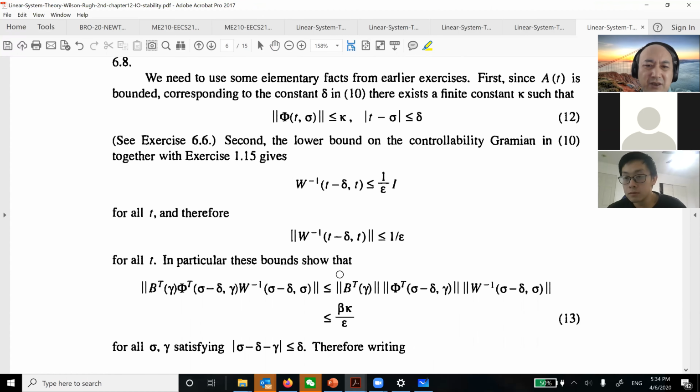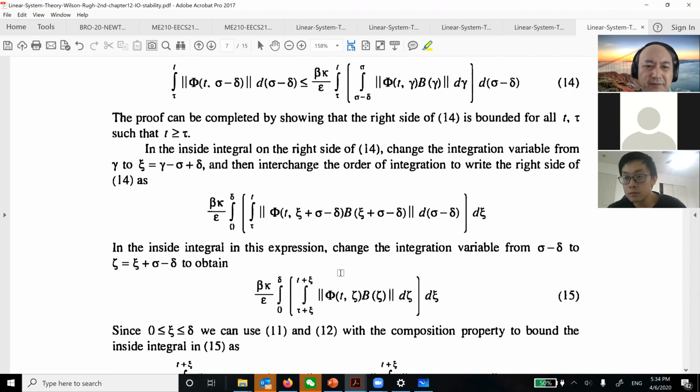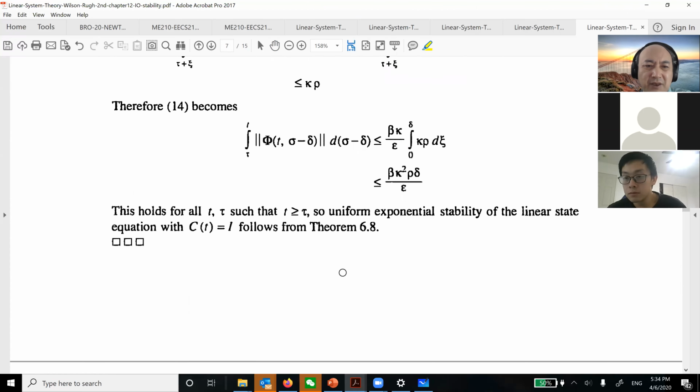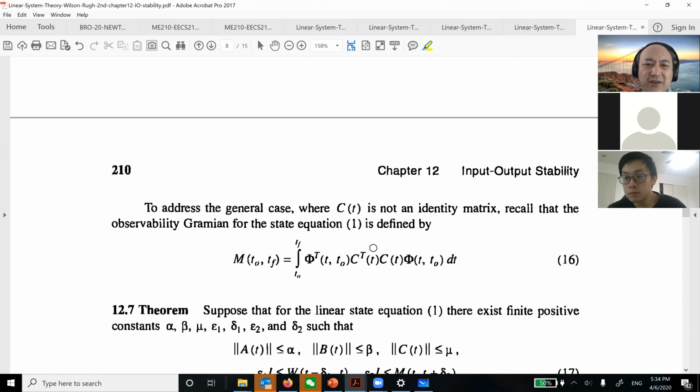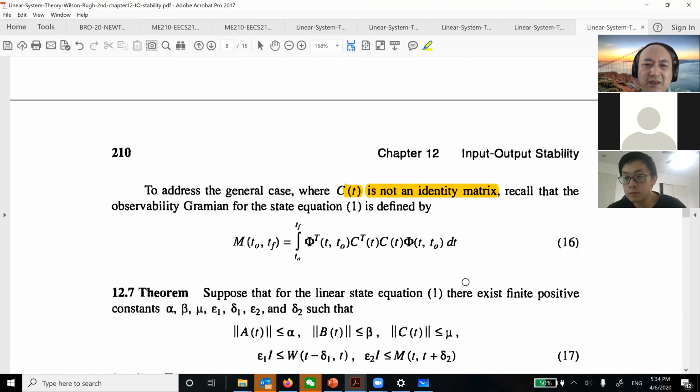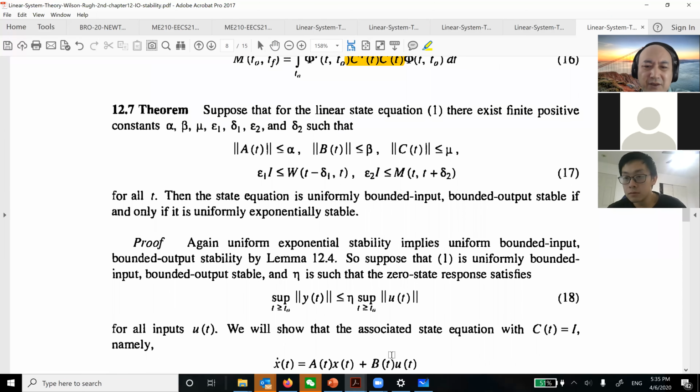So let's go from here. Wow, that's pretty long. In this case, C is identity. In the general case, C is not identity. In this case, the observability Gramian for the state equation has C transpose C in the middle. So here comes page 210.